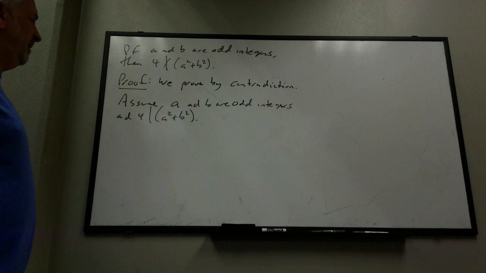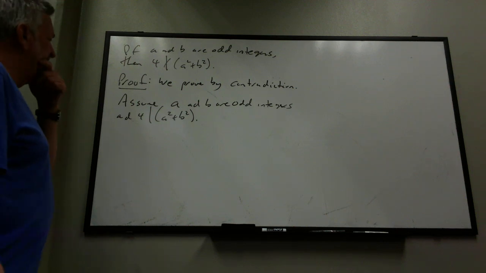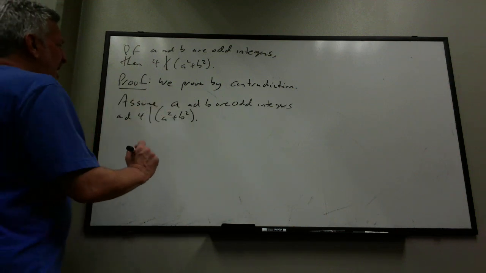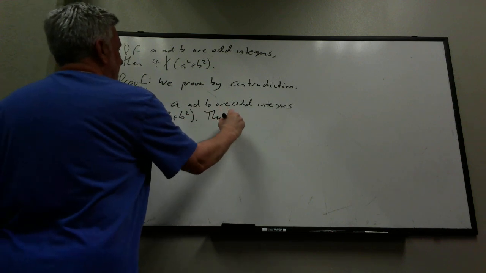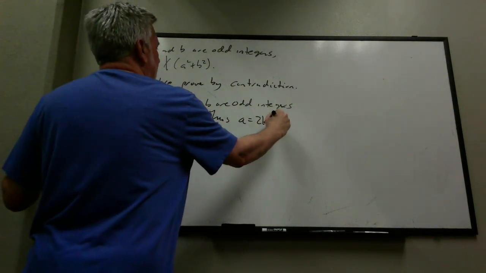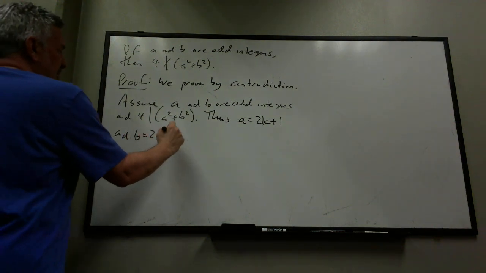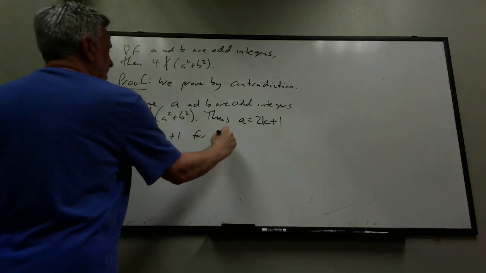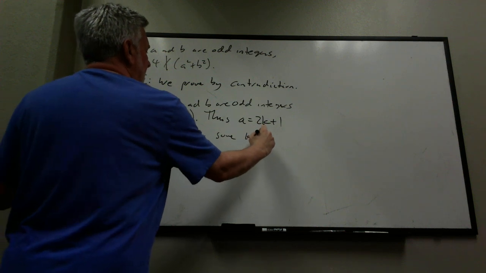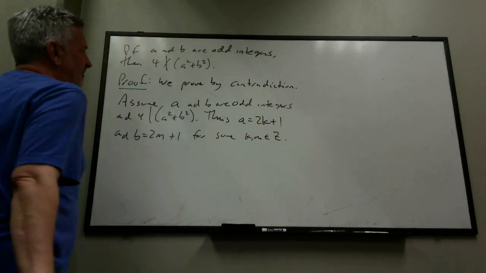So we have a lot to work with here. There's several ways we can do this. Let me focus on the odd. Thus, A is 2k plus 1, and B is 2m plus 1, say, for some integers k and m. That's the definition of odd.